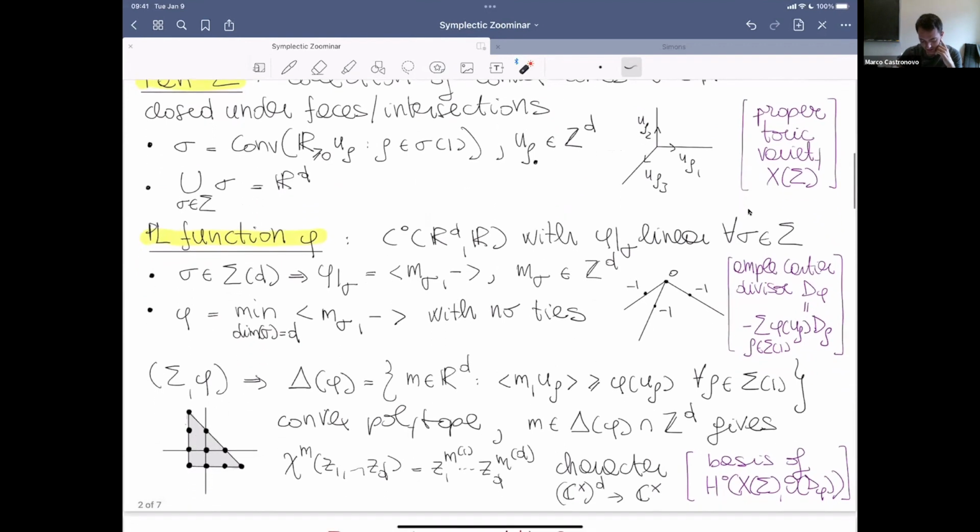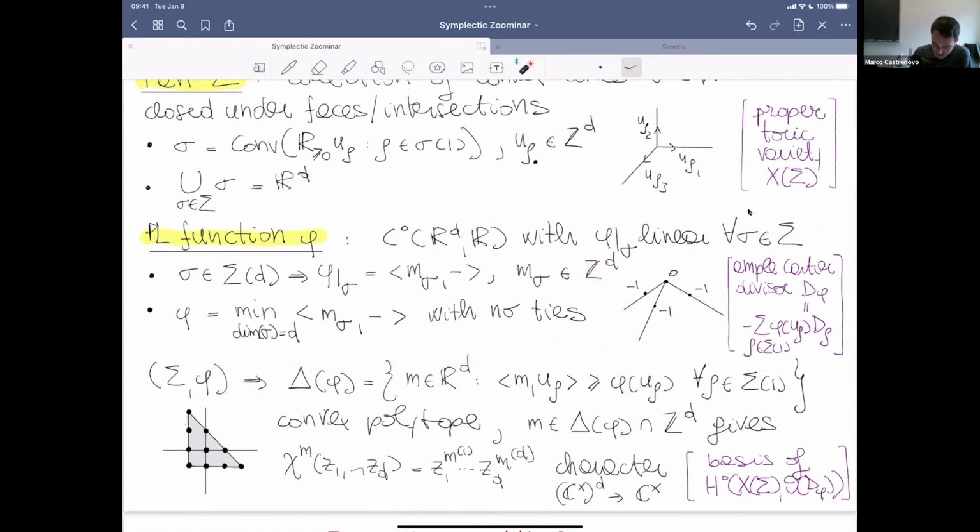Okay, the second piece of data that goes into this polyhedral data is a piecewise linear function on the fan. What that means is a continuous function on R^D with values in R, which is linear when restricted to each cone. I'm making these 2 assumptions.